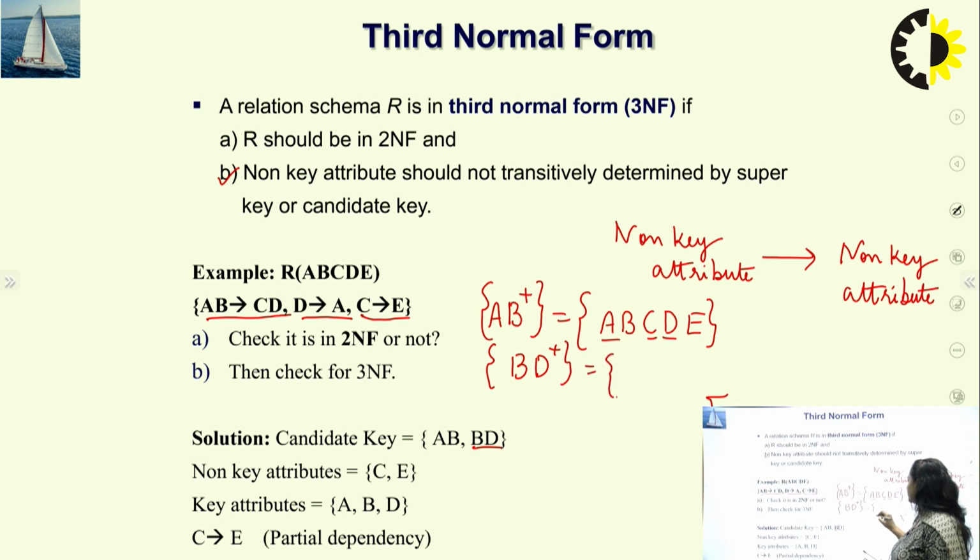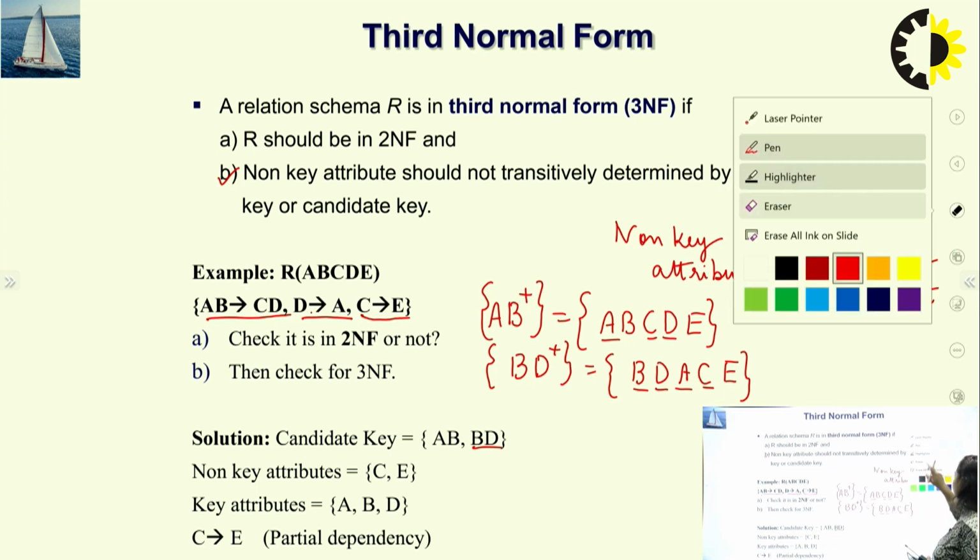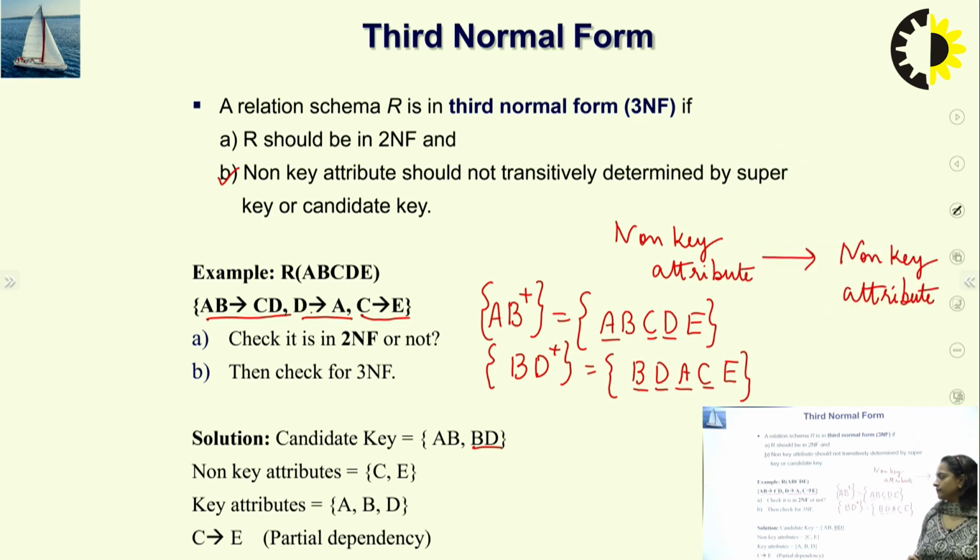So BD: D can determine A. Now we have A and B both, so both can determine CD. D is already there and C is there. So C can determine E. Right?